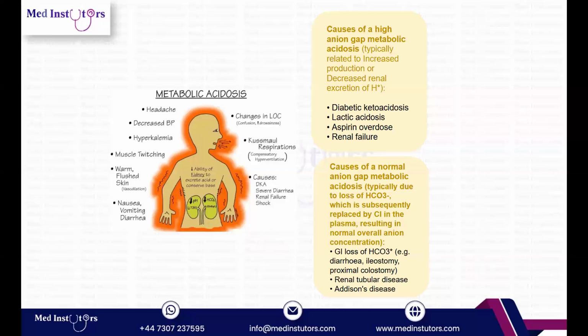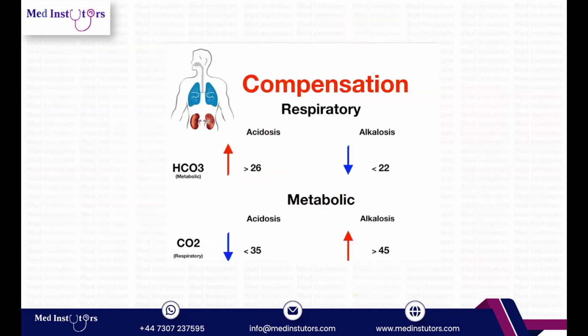Okay, in terms of compensation, you need to know what is complete compensation and what is partial compensation. Another thing is when you should suspect that some compensation is going on. So let me go back to the slide, this one. In order to interpret compensation, the values should be out of the normal ranges.